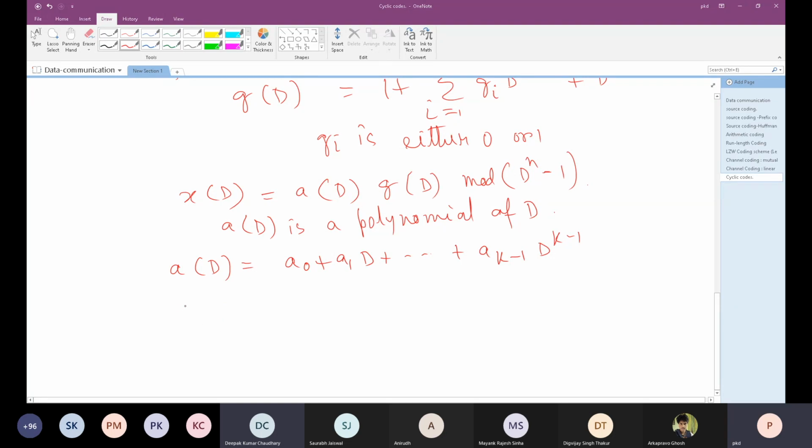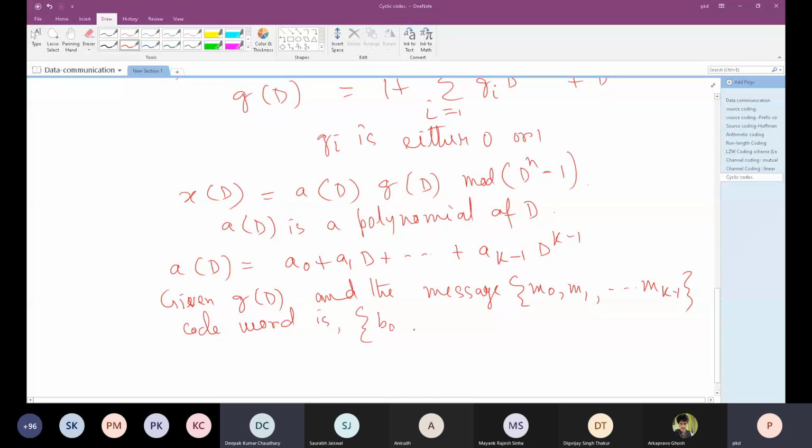Given G(D) and the message M0, M1 up to M(k minus 1), just like before we have k number of message bits, the code word is like we have B0, B1 up to B(n minus k minus 1), and then the message bits M0, M1 up to M(k minus 1).